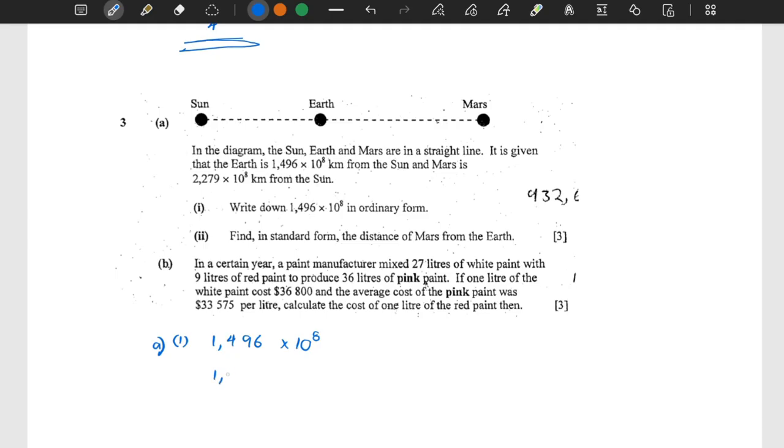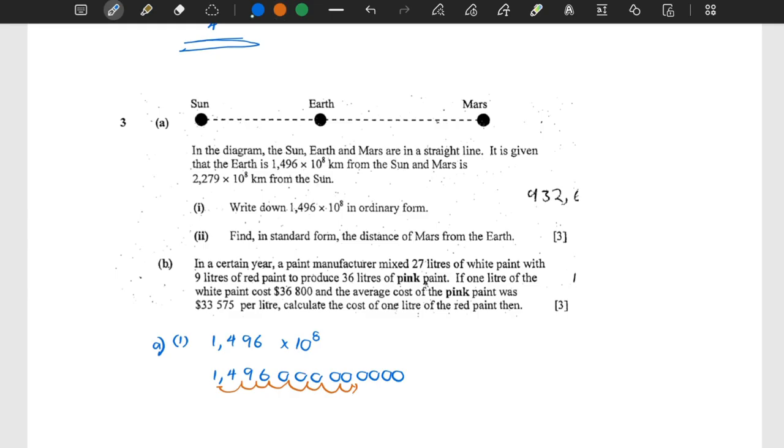So we have 1.496 and we add a bunch of zeros, and then we start to move the comma. The comma is here, we're trying to move it 8 places to the right. So it's going to be 1, 2, 3, 4, 5, 6, 7, and 8. Then it's going to come there.